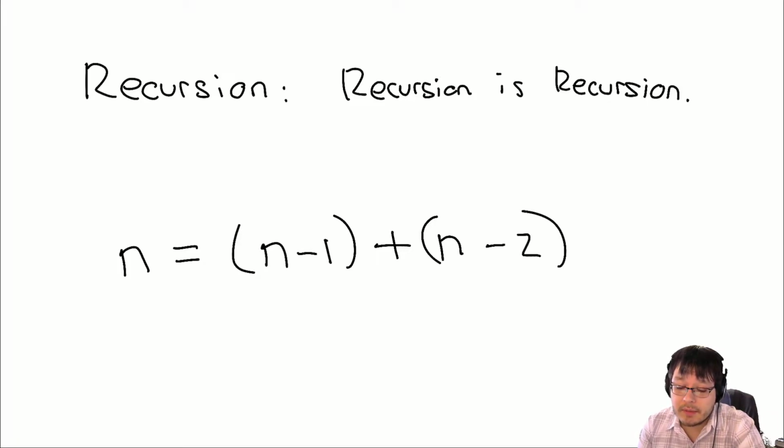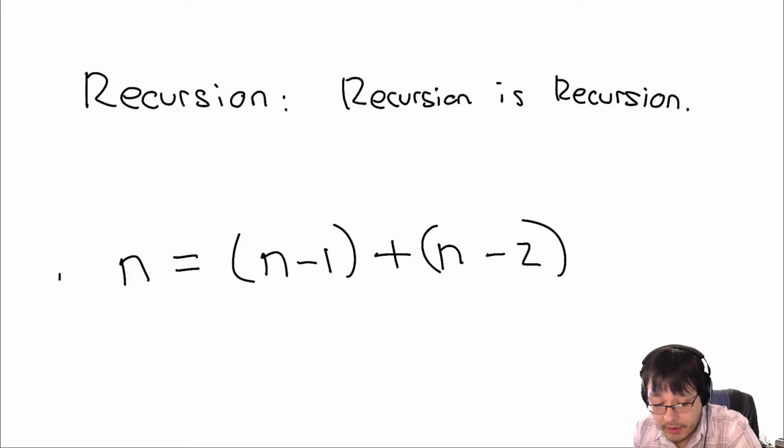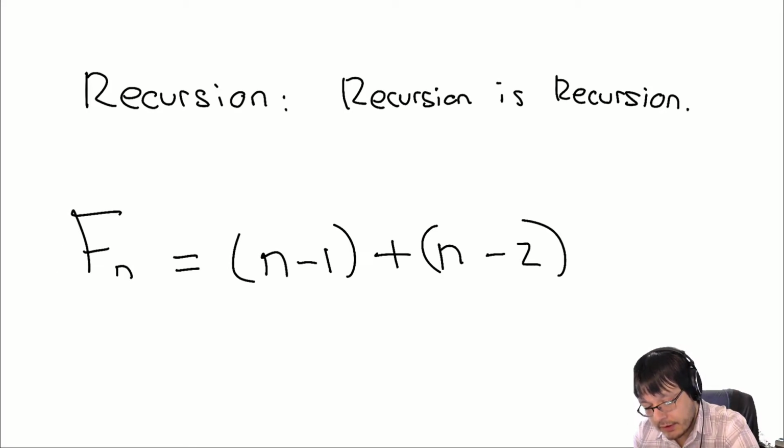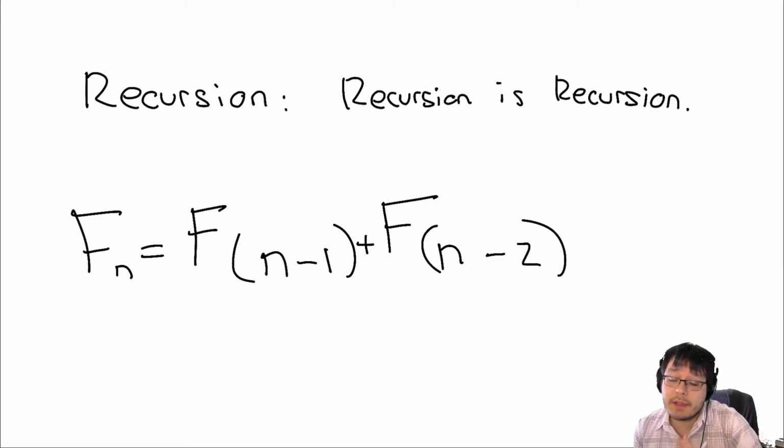So maybe we can put a bigger F in front of all of these subscripts, because that's what they really are. So F of n is equal to F of n minus 1 plus F of n minus 2. And that is the mathematical definition of Fibonacci, which is that the nth Fibonacci number is a relation of the addition of the previous two. The first one is the one before it, which is n minus 1.